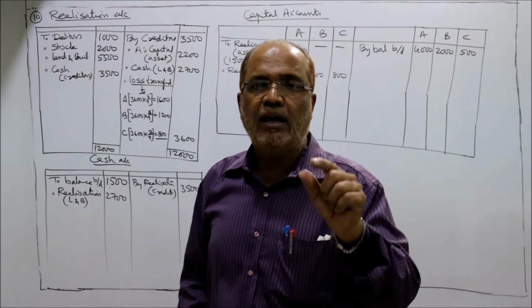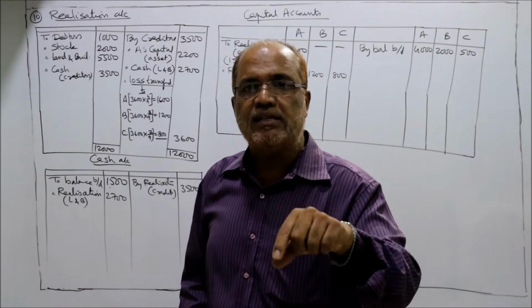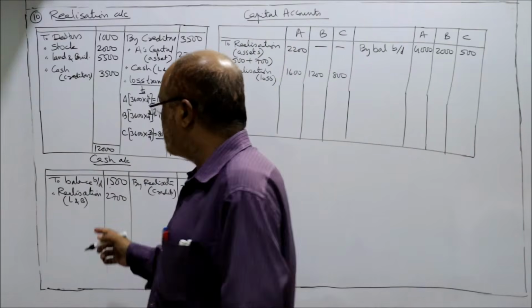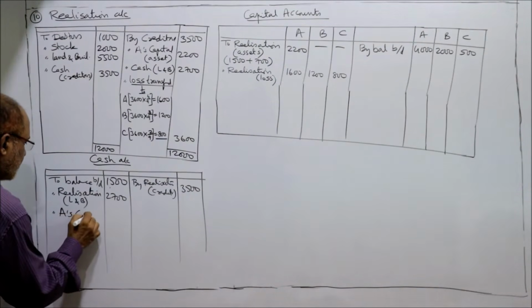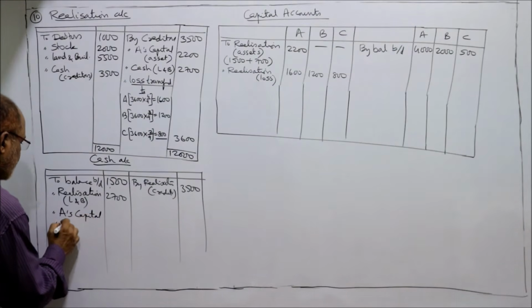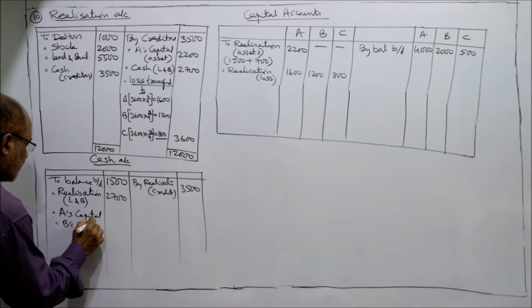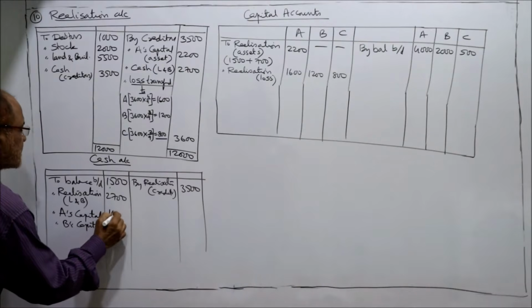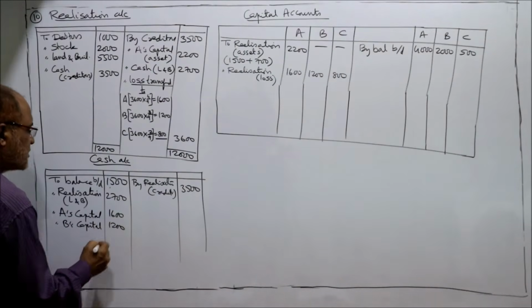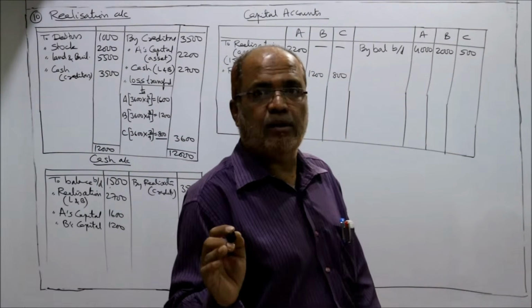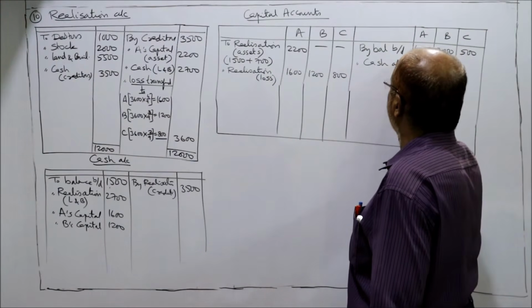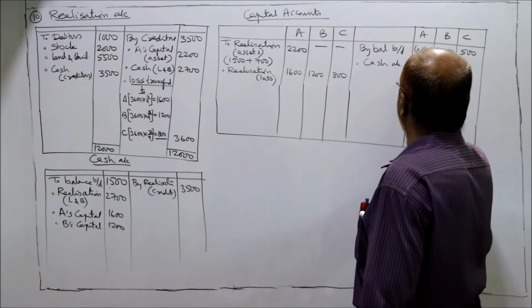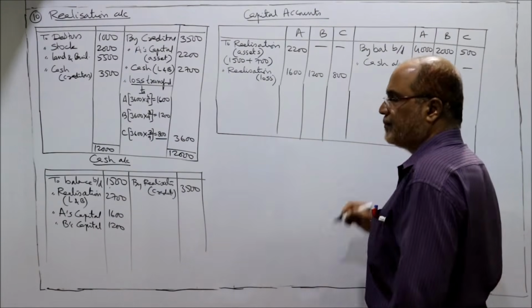आना. तो एंट्री कैश अकाउंट डेबिट टू A's कैपिटल, टू B's कैपिटल. तो कैश को डेबिट करेंगे. ₹1600, ₹1200. This is the cash brought by the solvent partners. Now दोनों को क्रेडिट करिए बाय कैश. 1600, 1200.